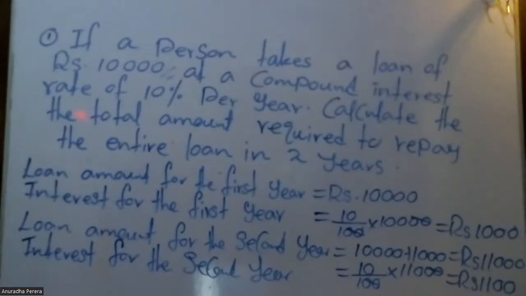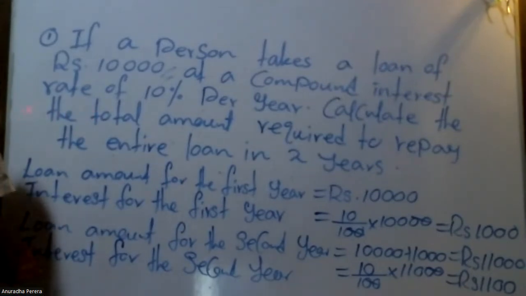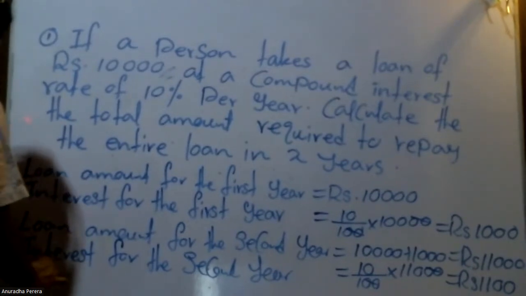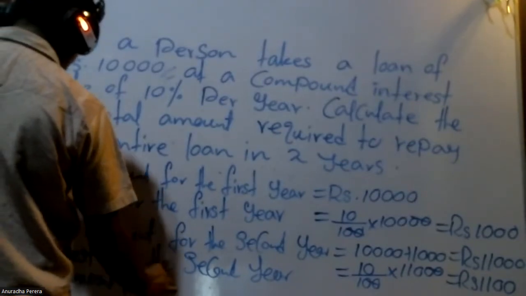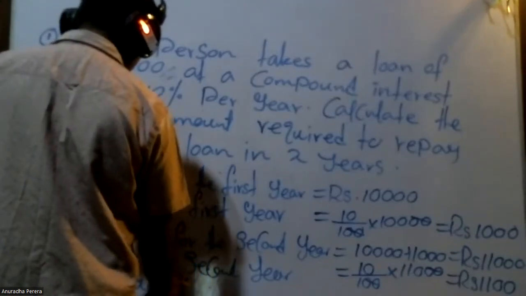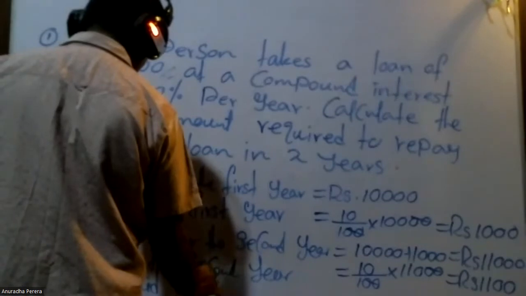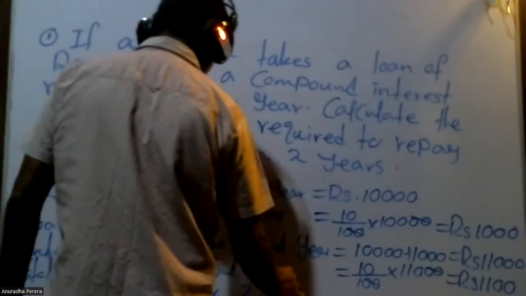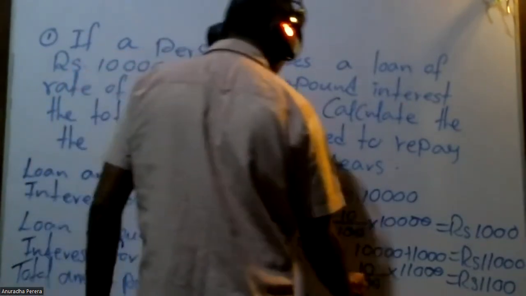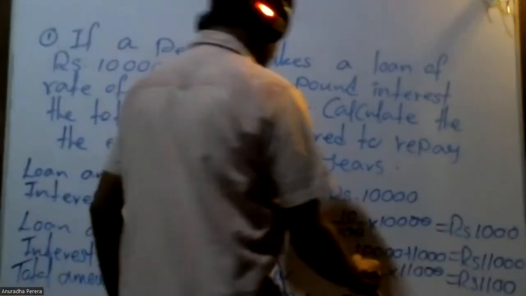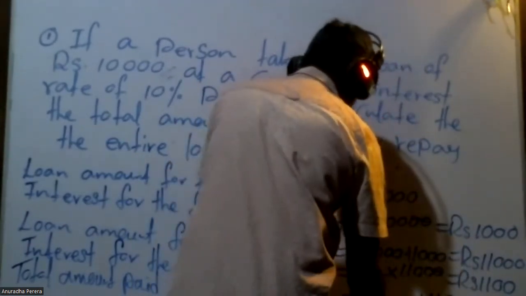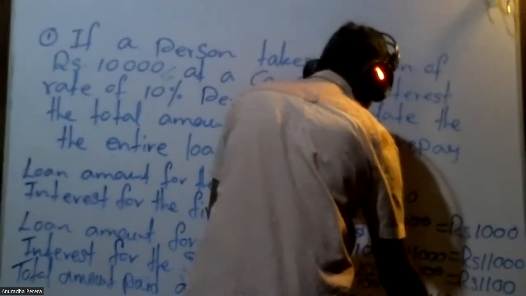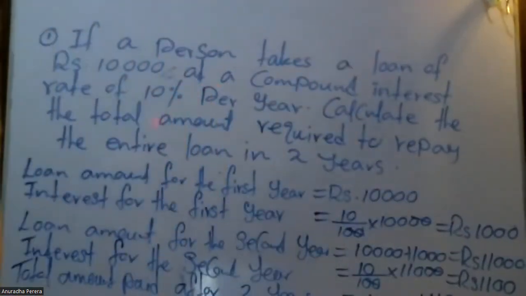And then you can determine the total amount paid after 2 years. 10,000, 1,000 and 1,100, it is 12,100. Right. Write down it.